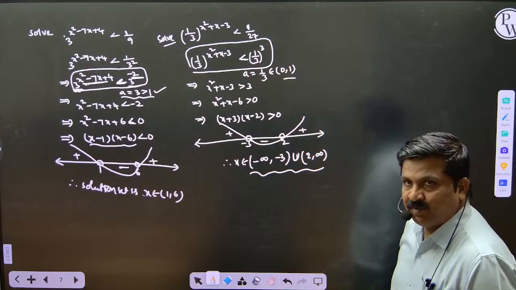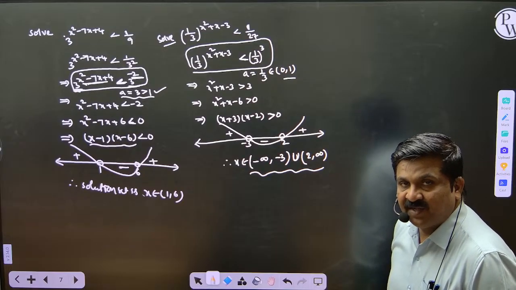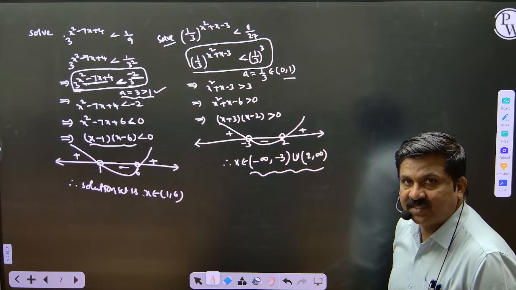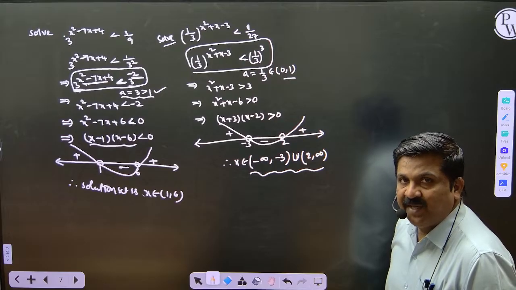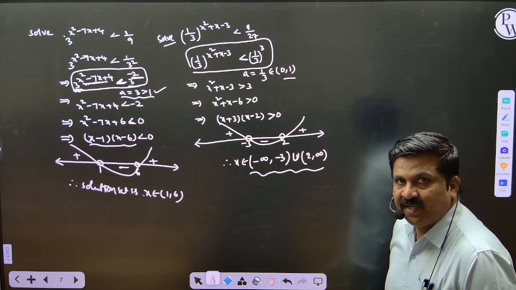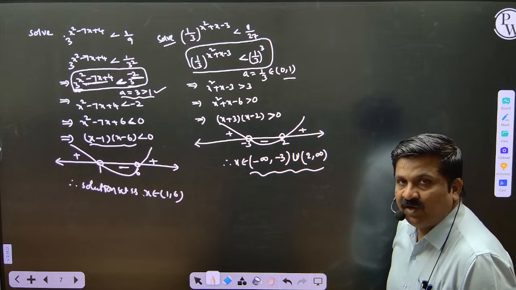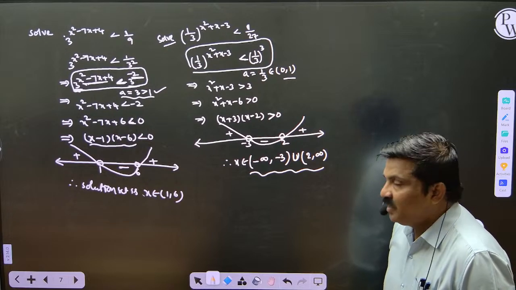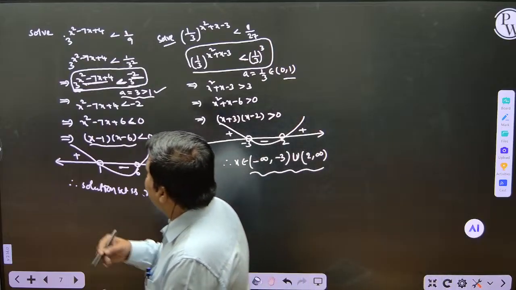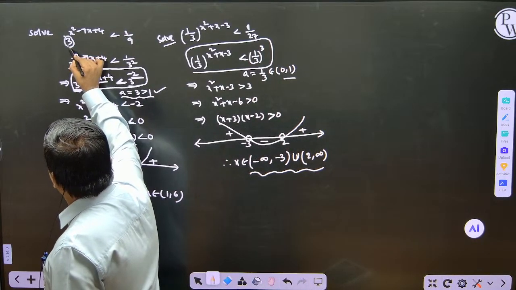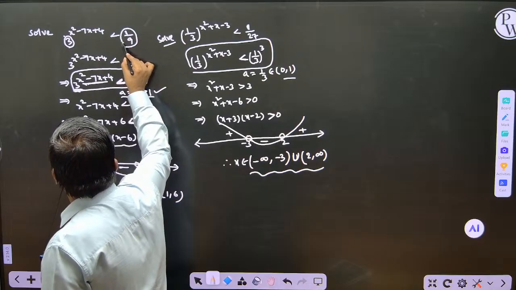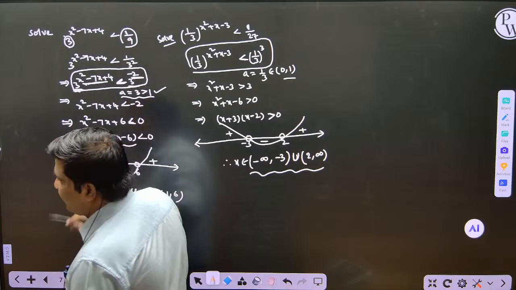If the base is more than 1, the exponential function and its powers hold the same inequality. If the base lies between 0 and 1, the exponential function and its powers follow the opposite inequality. Next you have to see what the base is.